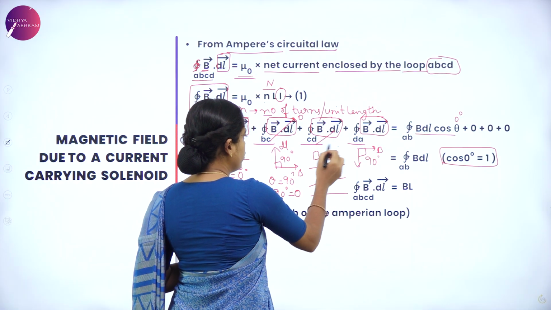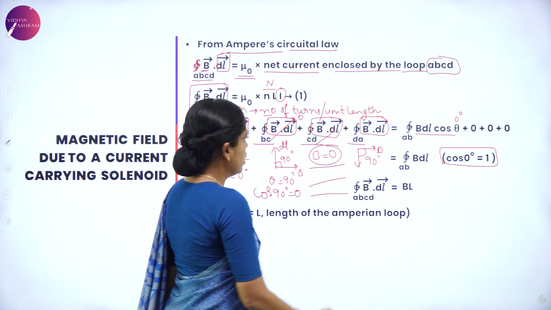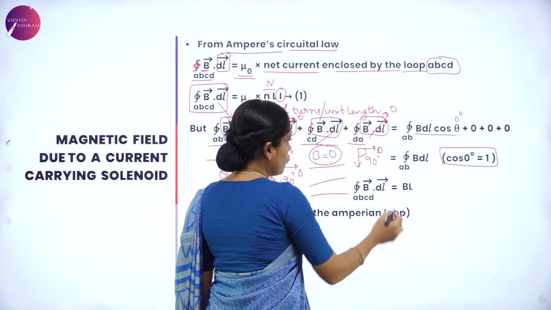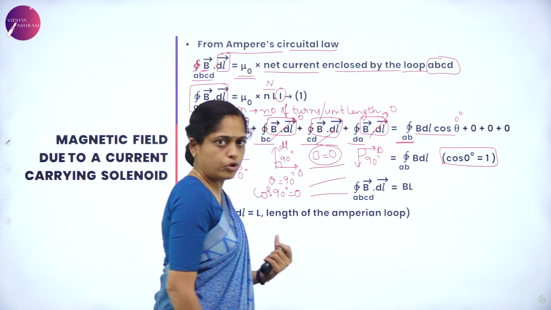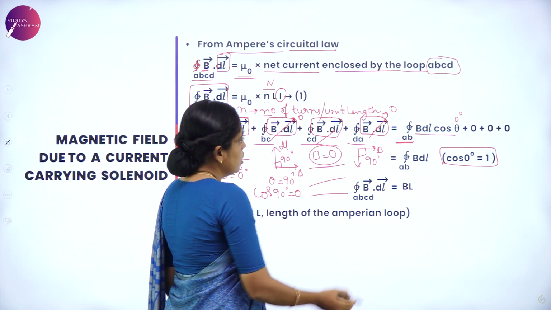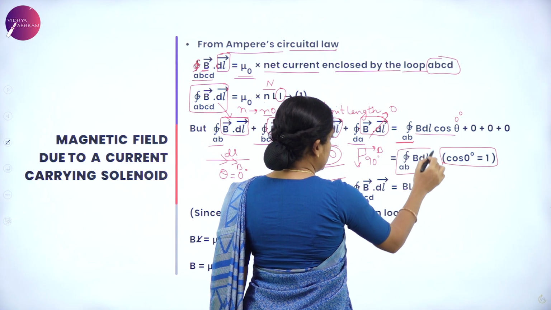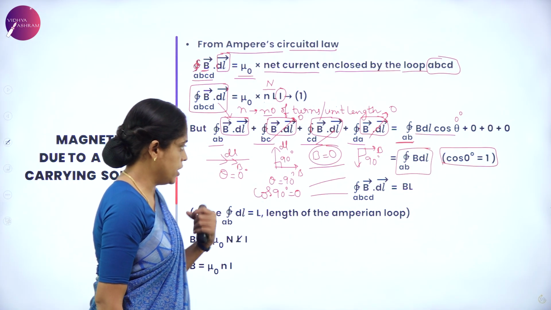CD, you already know, is 0. DA is also at 90 degree, therefore this is also 0. Now we have the magnetic field contribution only due to AB, where cos 0 degree is 1.